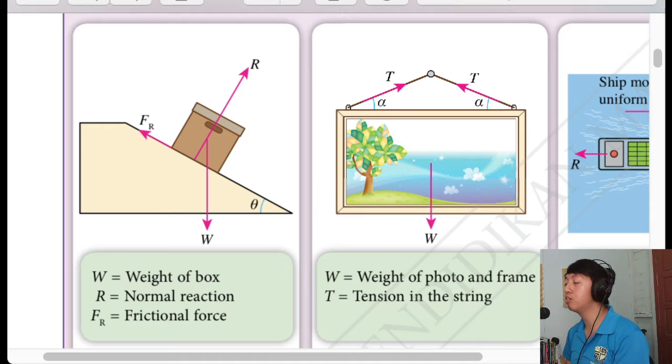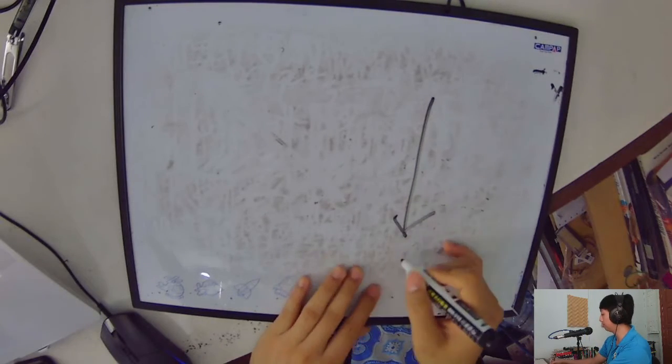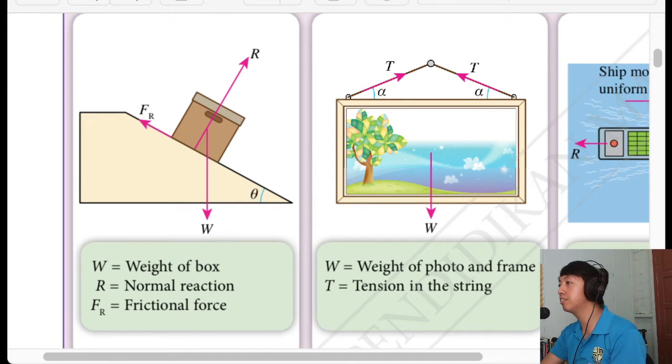So the first one, we have a box sitting on a slope and it's standing still. And we have 3 arrows. For this one, it's quite easy. Just do it the same as the one that we did before. So W going down. Let's take the line W. And then the next force is Fr, the frictional force.